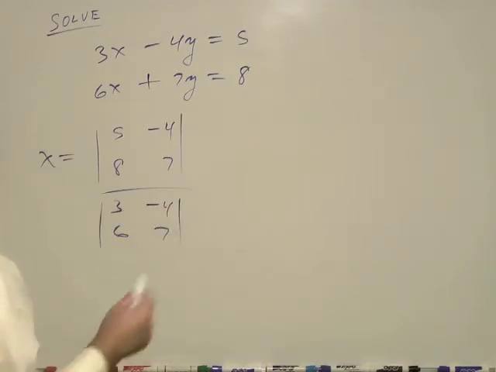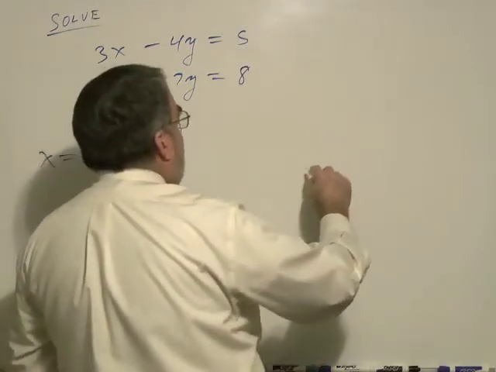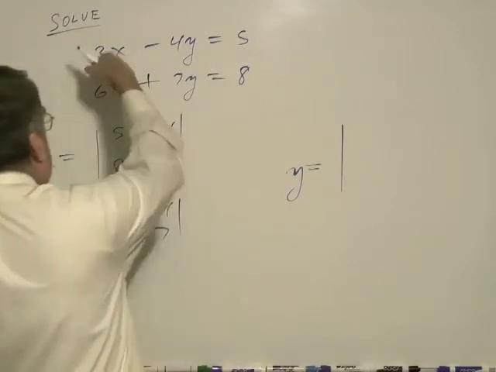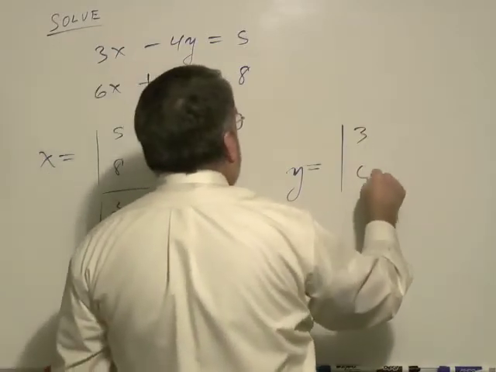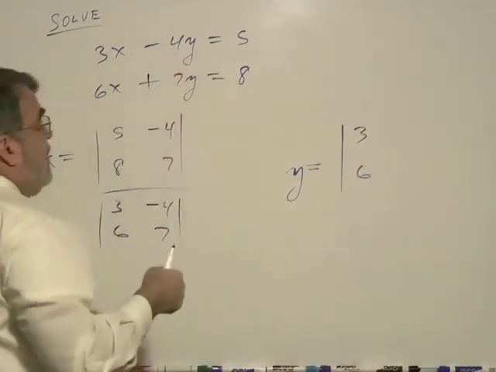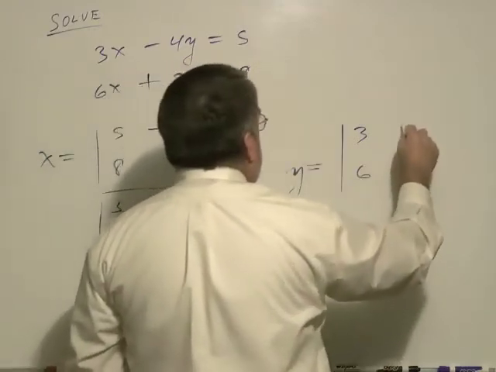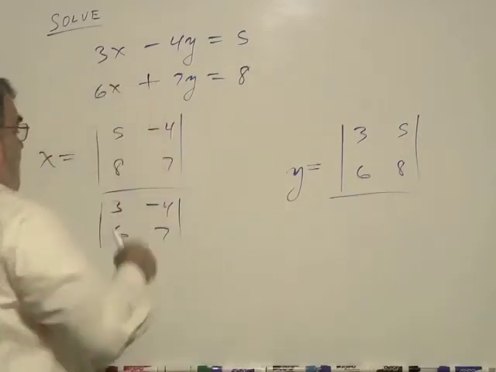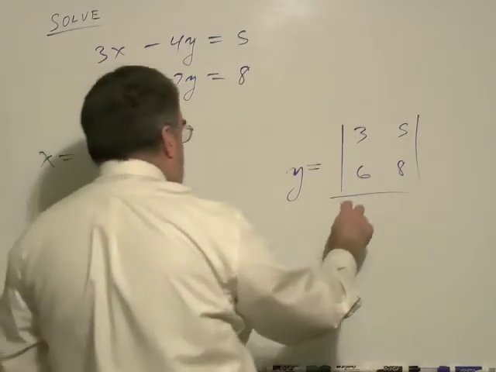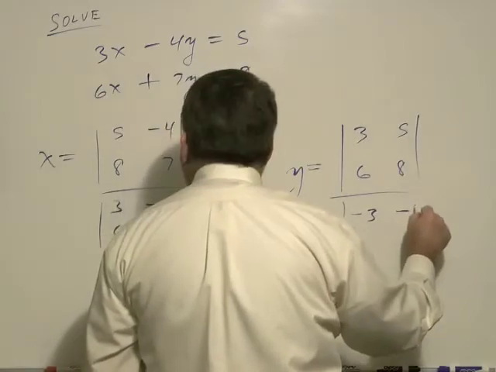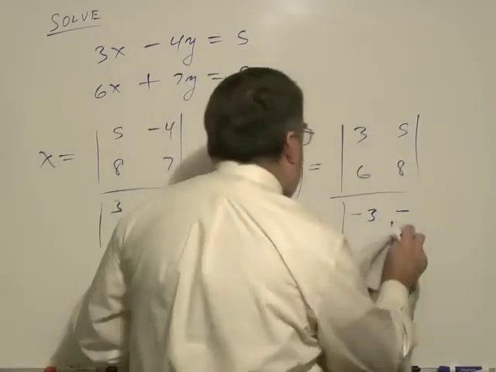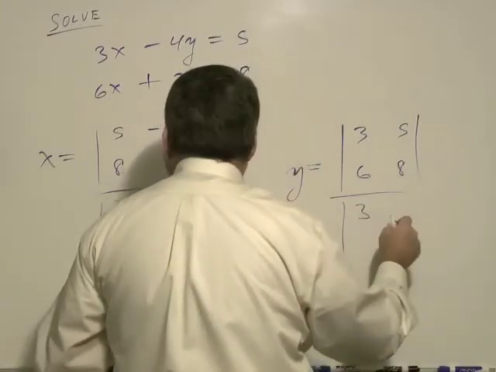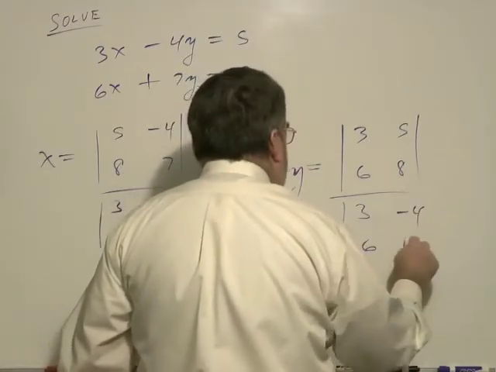So let me write out y. For y, we're going to keep the x coefficients, 3, 6, and replace the y coefficients with the right-hand side, 5 and 8. And then divide by the coefficients on the left side, as before: positive 3, negative 4, 6, and 7.